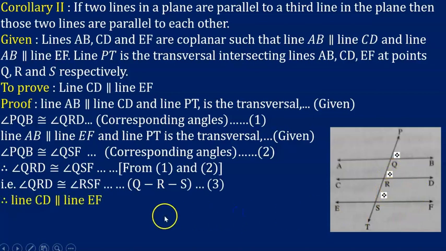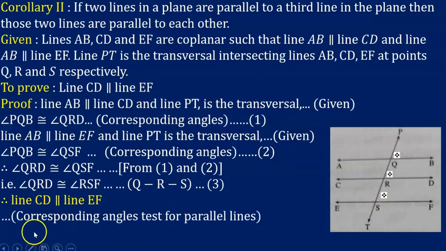And hence, as these two angles are congruent, line PT is a transversal of lines CD and EF, and line CD is parallel to line EF by the corresponding angle test for parallel lines.